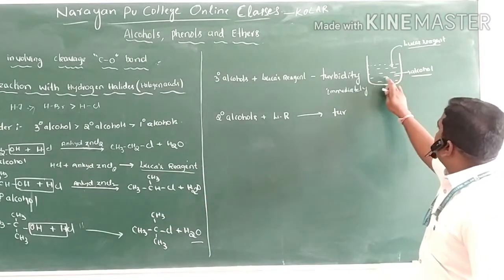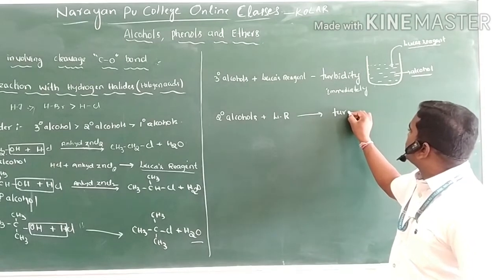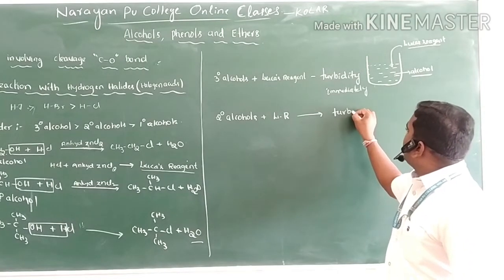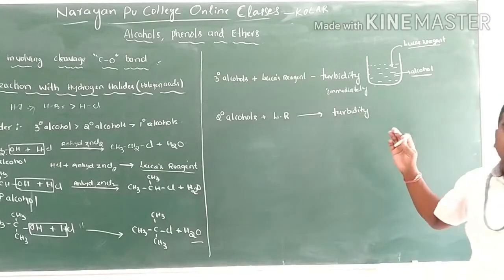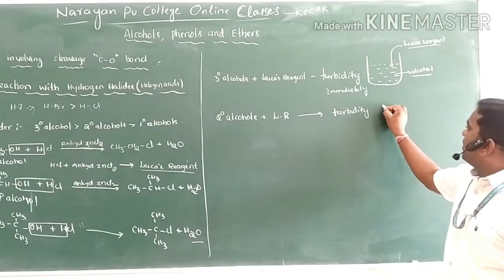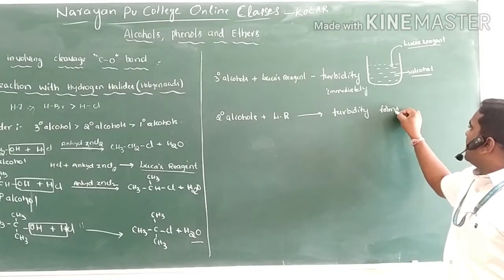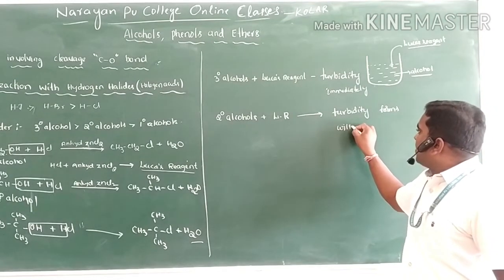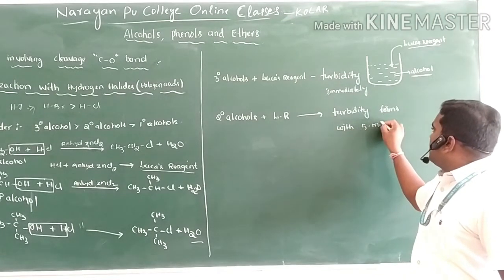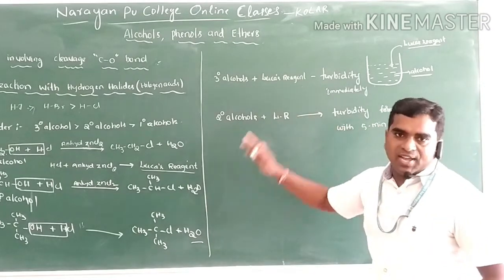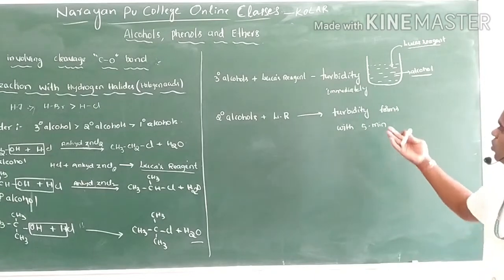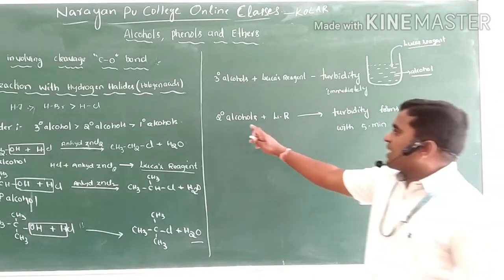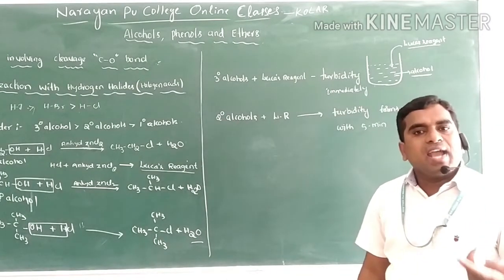So the solution will be converted into turbidity, and here the turbidity forms within 5 minutes. If the turbidity forms immediately, it is a tertiary alcohol, and if it takes 5 minutes to form turbidity, then that alcohol is a secondary alcohol.